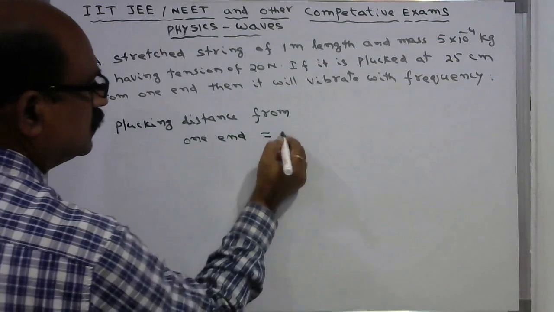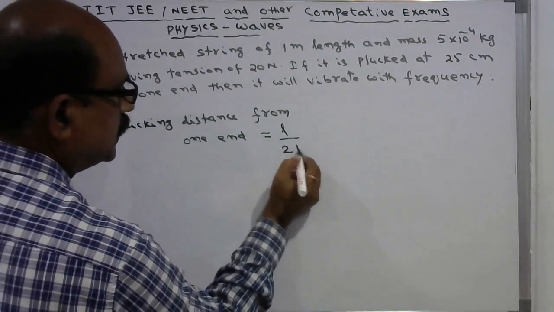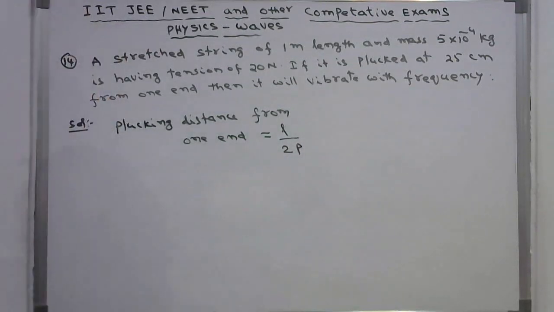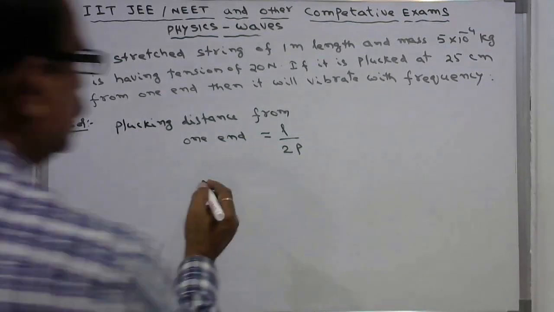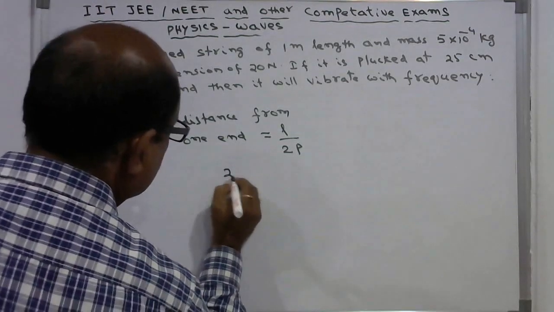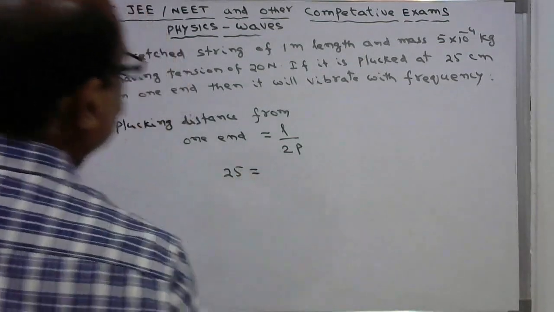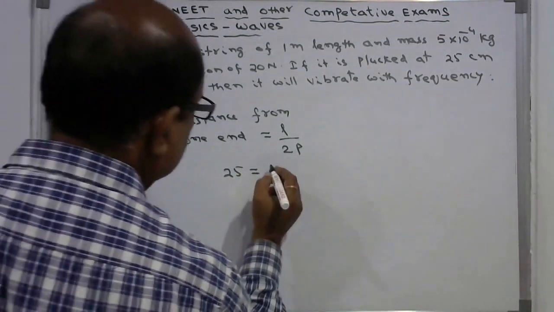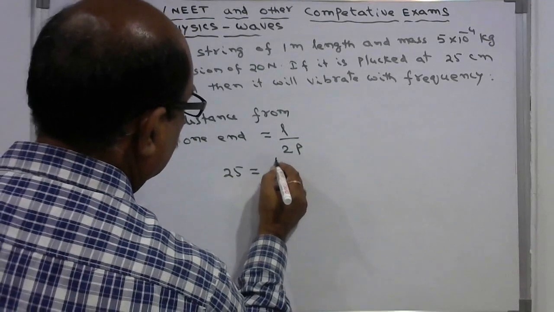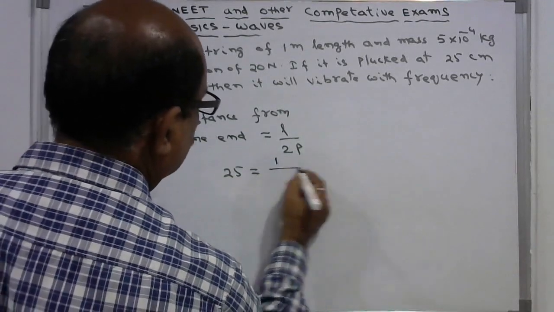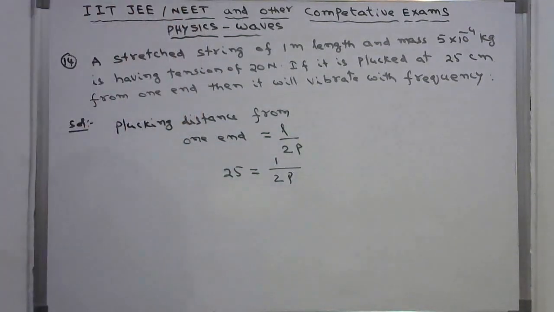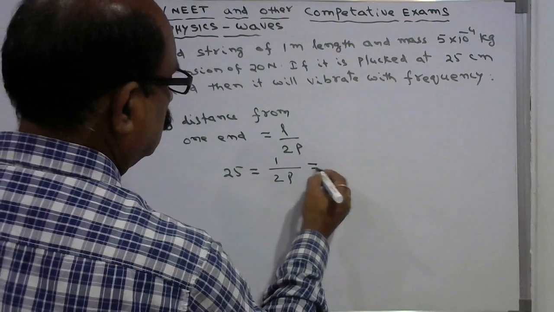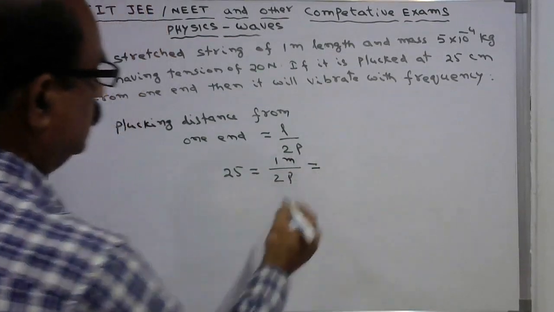is equal to L by 2P. So here the plucking distance is given as 25 centimeters. So 25 is equal to the length of the string, 1 meter, by 2P.